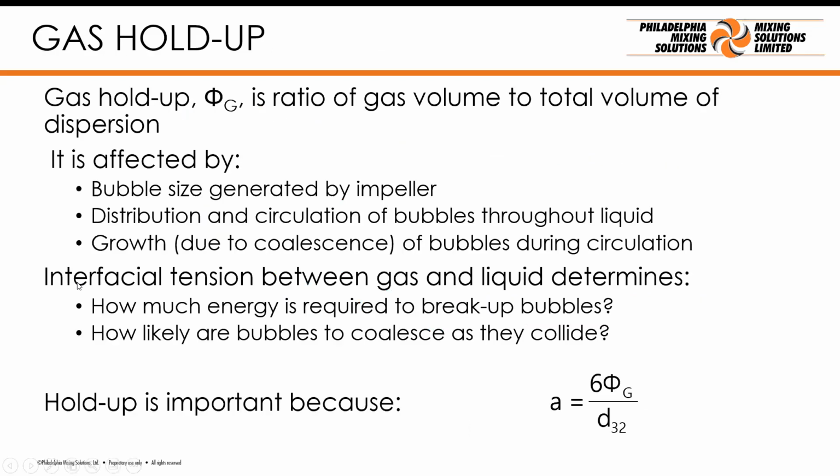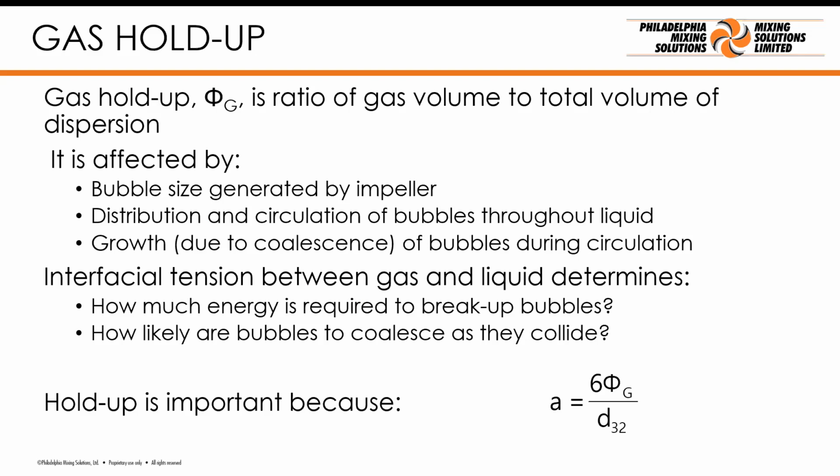The first thing we're going to be concerned about is the gas holdup, which is the ratio of the gas volume to the total volume of dispersion. It's affected by the bubble size. Smaller bubbles have a slower rise velocity and will stay in the liquid for longer. It's also affected by the distribution and circulation of the bubbles throughout the liquid, and the growth due to coalescence of the bubbles as they circulate.